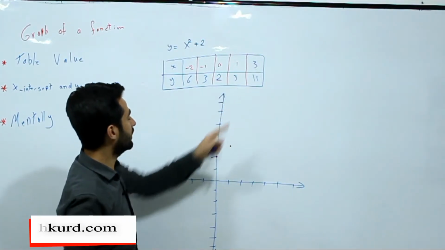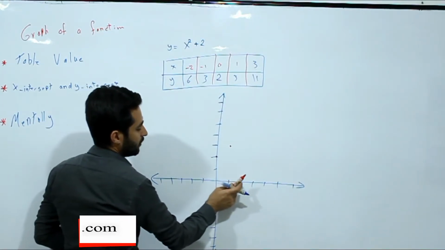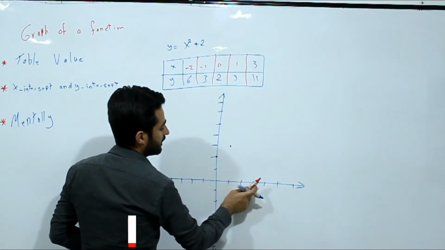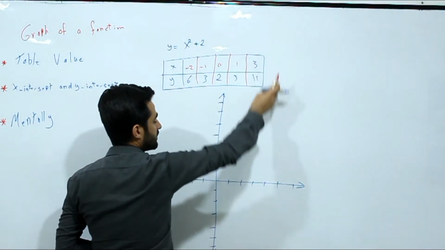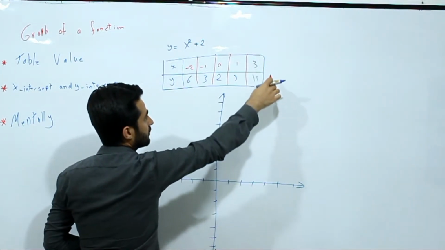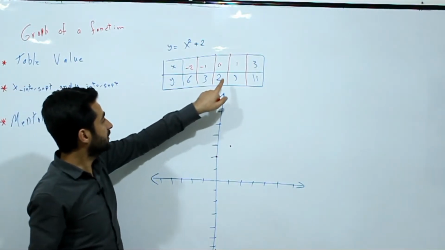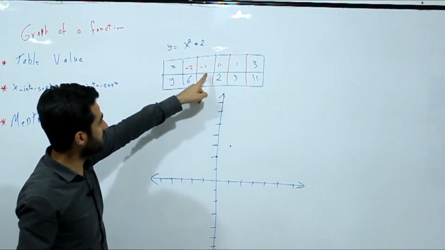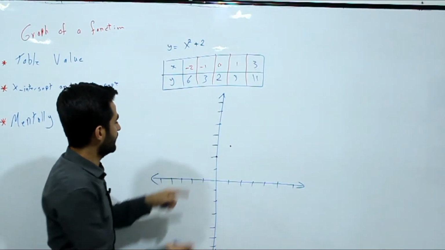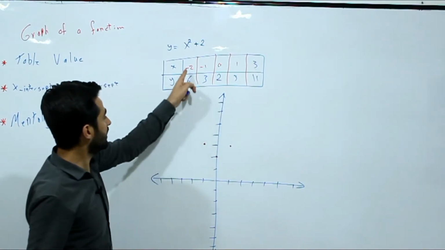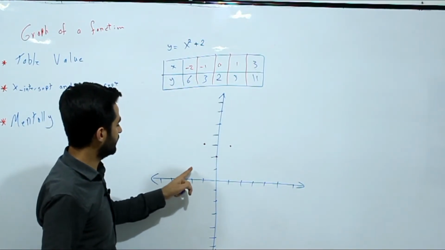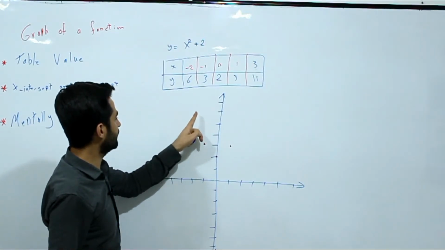And then 3 and 11. This is 1, 2, 3, and 11, maybe 11 is too high, okay? So let's say here. And then we have minus 1 and 3. Here, minus 2 and 6, this is minus 2 and 1, 2, 3, 4, 5, 6.